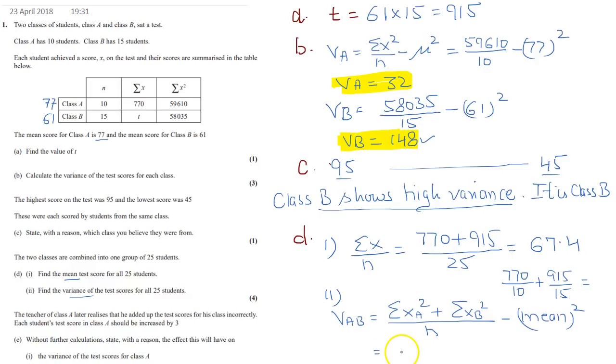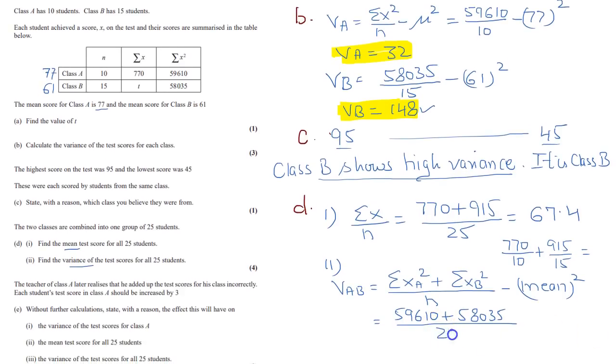So sigma x a square is 59610, sigma x b square is 58035, divided by 25, minus the mean 67.4 square. That will be 163.04.